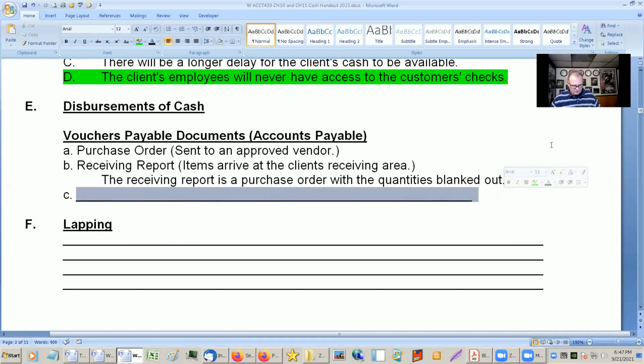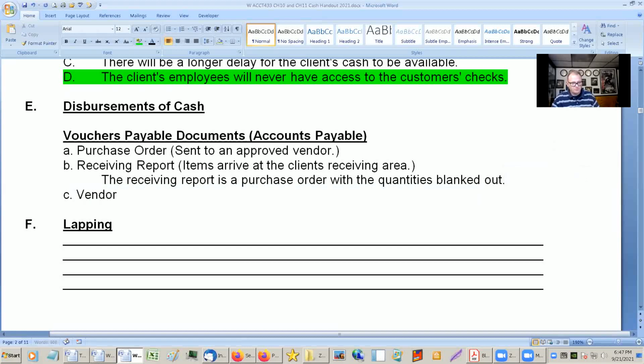The purchase order should also be matched with a vendor invoice. In the vendor invoice, the prices should match the purchase order.